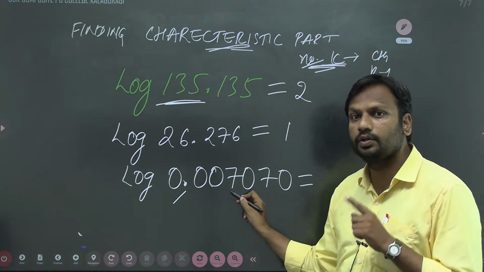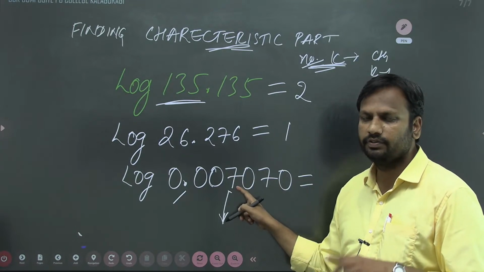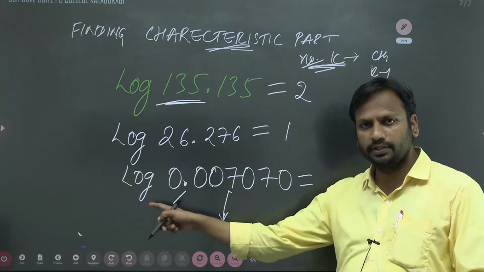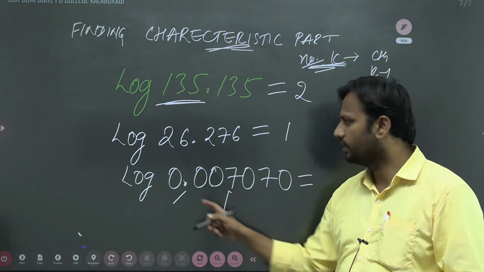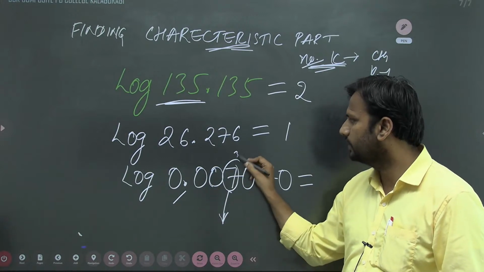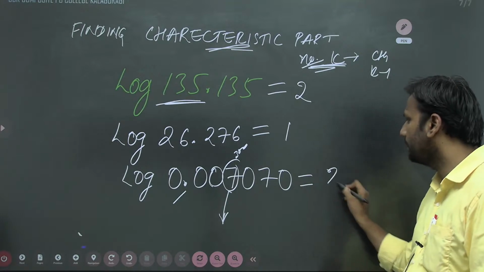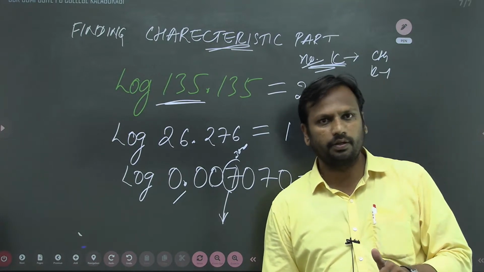The first non-zero quantity is 7 here, the first significant figure after the decimal point of the 0-digit. So in which position is it after the decimal point? First position, second position, and third position. It is in the third position, so the characteristic part will be 3 bar, you should mention. 3 bar. Got it now?